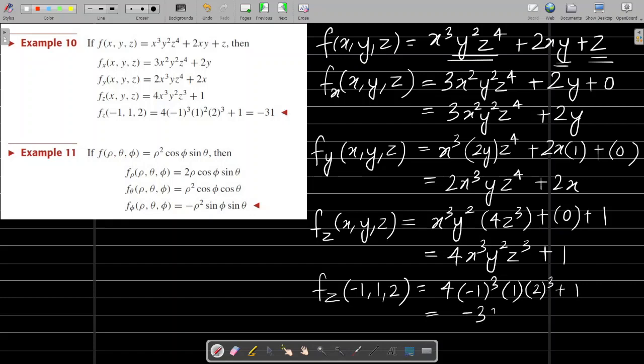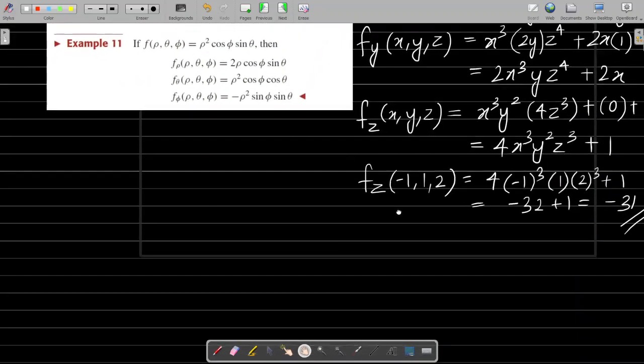So minus 32 plus 1, which is equal to minus 31. So this is example 10 which is discussed in the textbook. Now we will move on to one more question using functions of 3 variables.